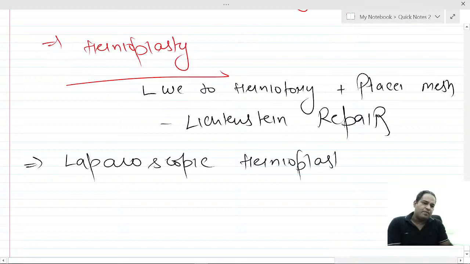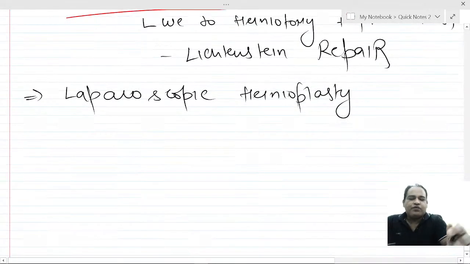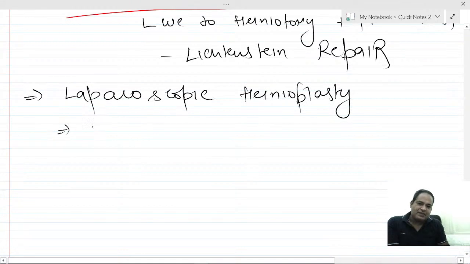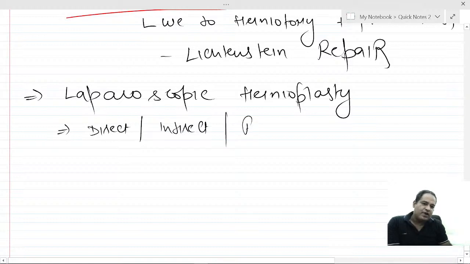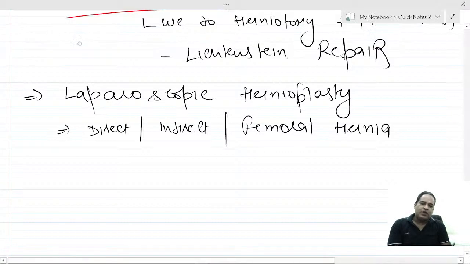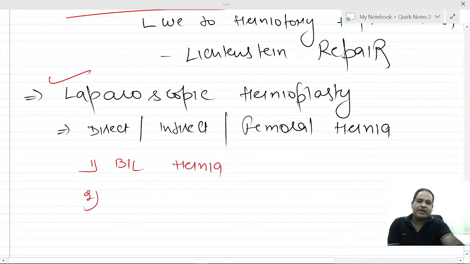laparoscopic hernioplasty. When we do laparoscopic hernioplasty, we can treat direct inguinal hernia, indirect inguinal hernia. We can also treat femoral hernia. When to do laparoscopic? First, if there is bilateral hernia. Fine.